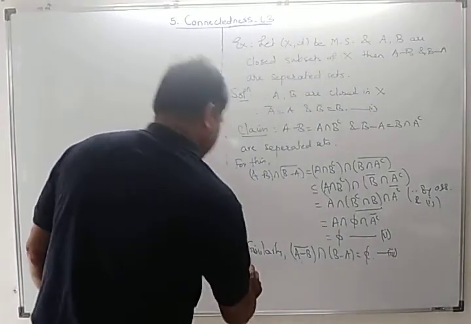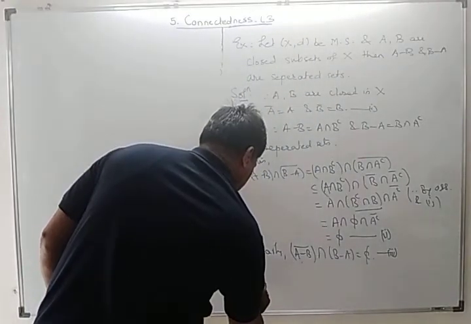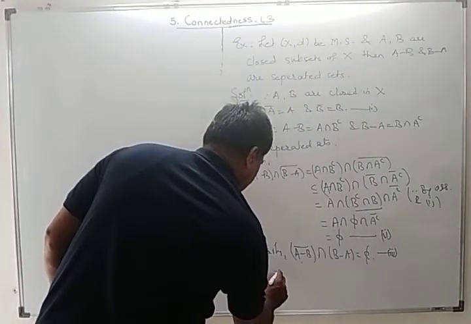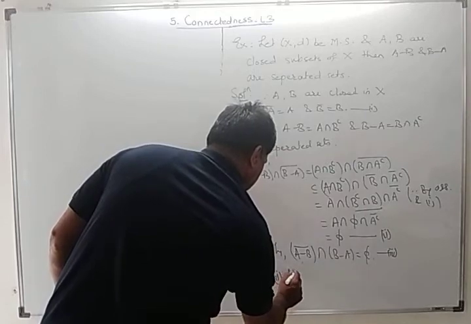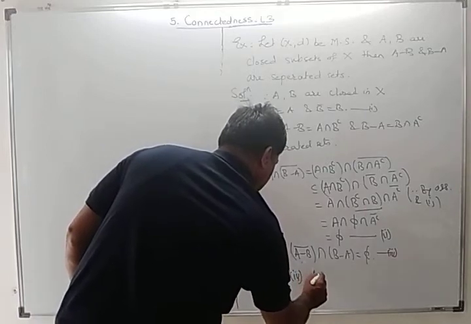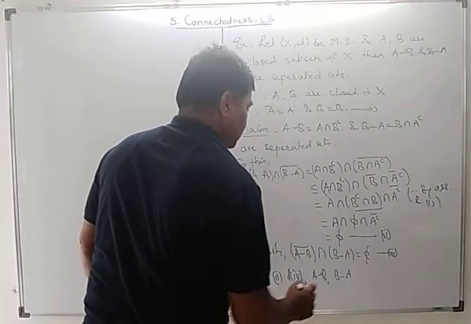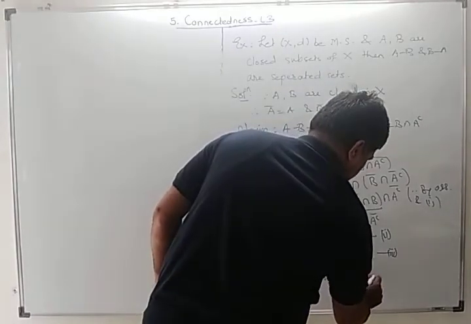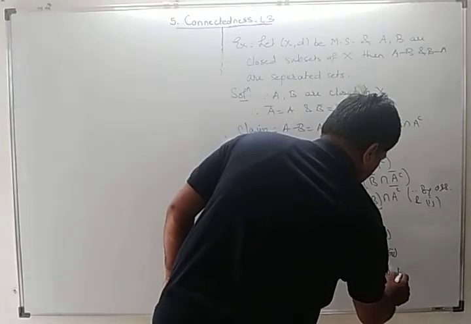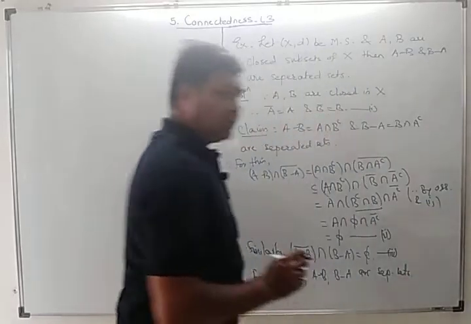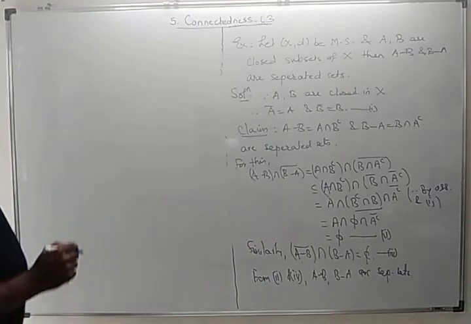From 2 and 3, A minus B and B minus A are separated sets. Right? We'll take the next example.